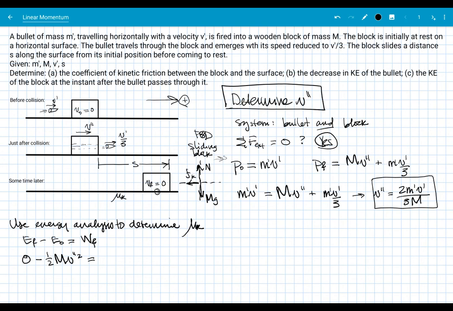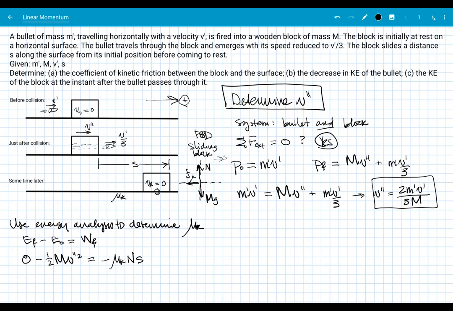Okay, so that means that I can express the work done by friction as negative mu k m g s here. Negative because that is going to give me a cosine 180 degrees, which is -1. The normal force is equal to the weight of the block in this case. They're on a horizontal surface. There's no vertical acceleration and no other forces in the y acting at all here.